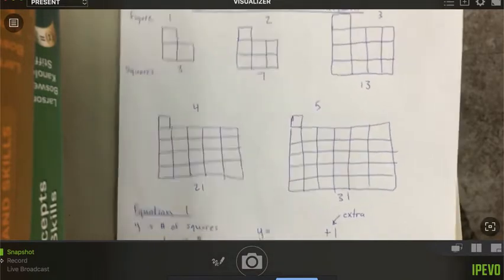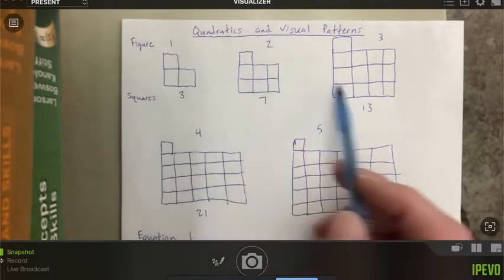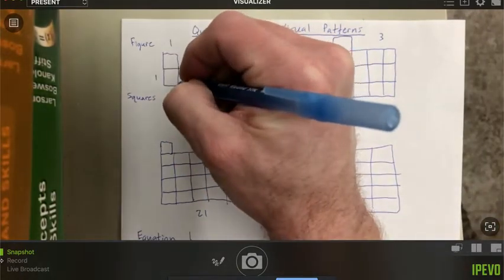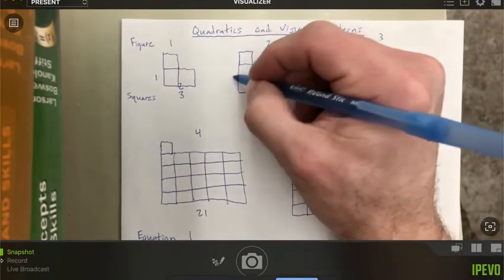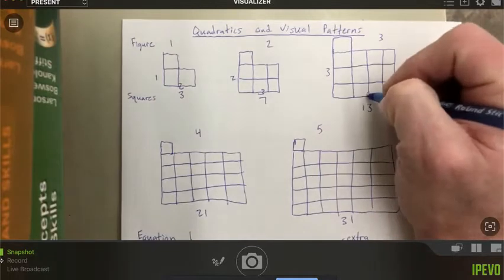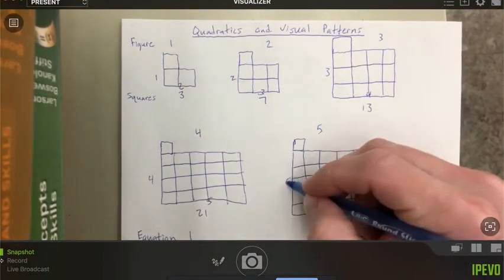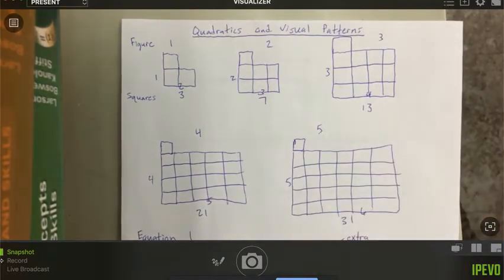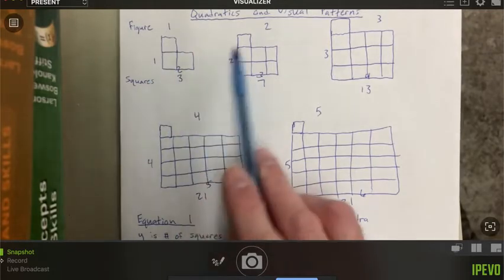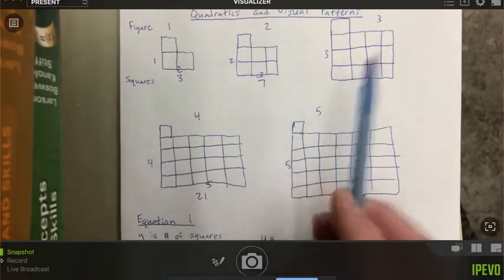The next piece is, I'm going to think about the remaining. So notice how it's a rectangle below that 1 extra square. It's a 1 by 2 rectangle, a 2 by 3 rectangle, a 3 by 4, 4 by 5, and 5 by 6. So figure 1 is a 1 by 2, figure 2 is a 2 by 3, figure 3 is a 3 by 4.